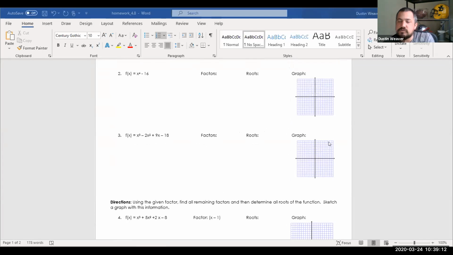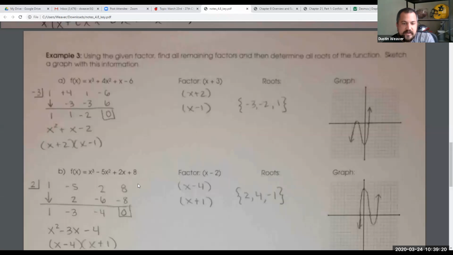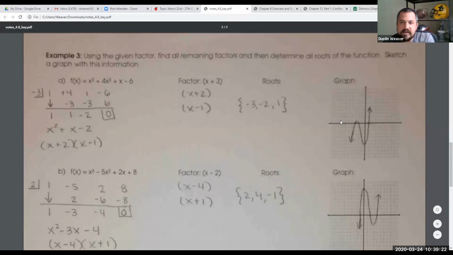So let me go back to Andrew's question for example B. For example B, how did I get x minus 4 and x plus 1? So I did the synthetic division. So 1 times 2 was 2, and then I added -3 times 2 is -6. I added -4 times 2 is -8.